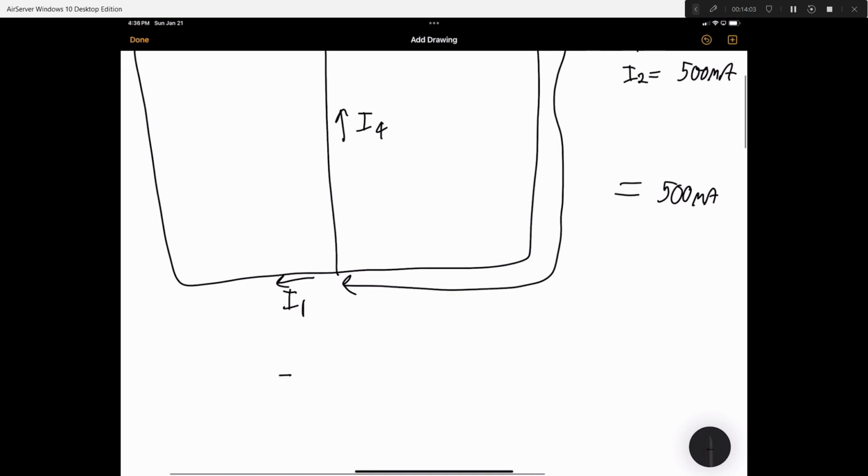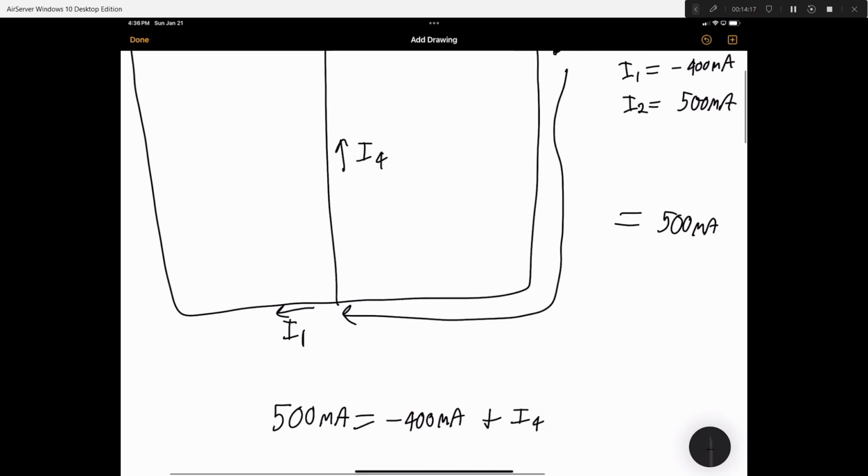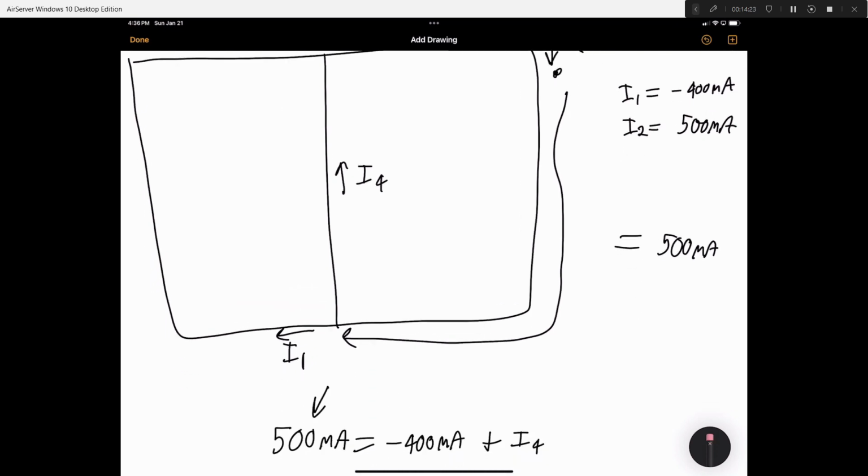So 500 milliamps is equal to negative 400 milliamps plus X, which we call I4. I2 is this one, and I1 is this one right here.